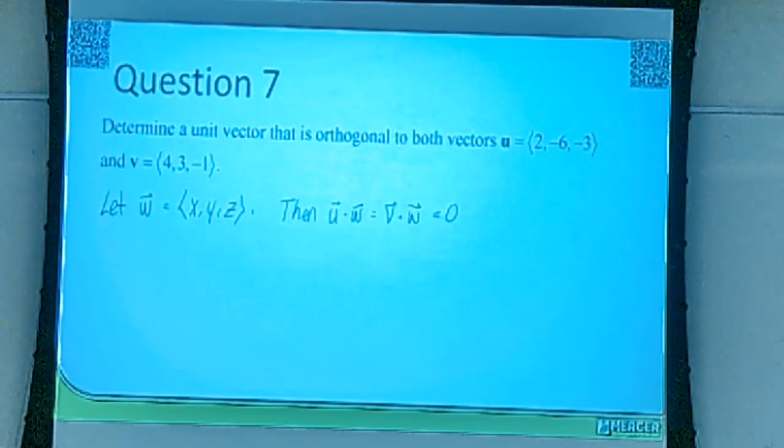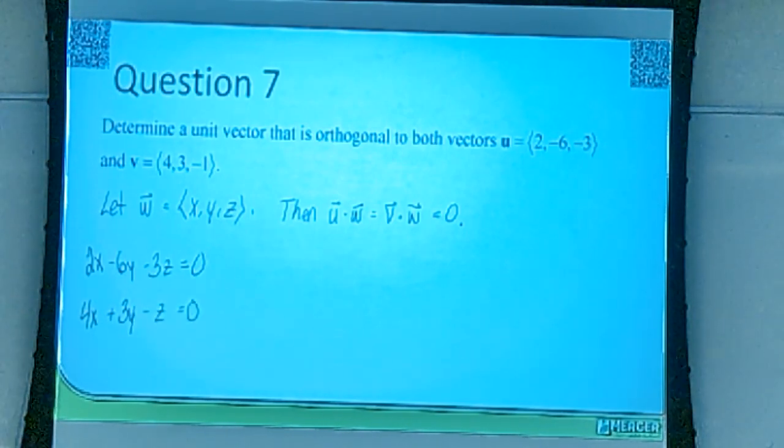What is u dot w? That has to be 0. What is v dot w? It's 4x, 3y minus z. And that has to be 0. There's your system.